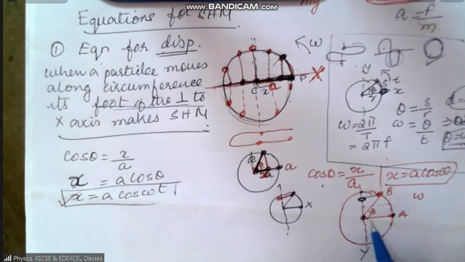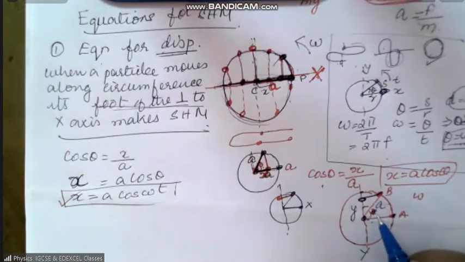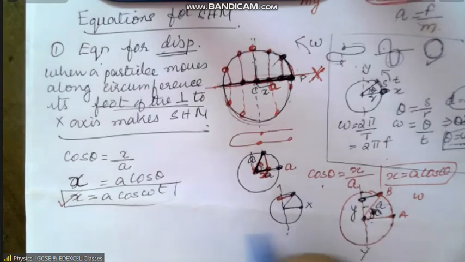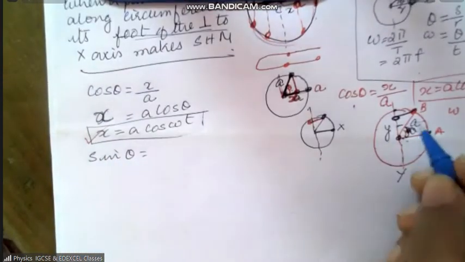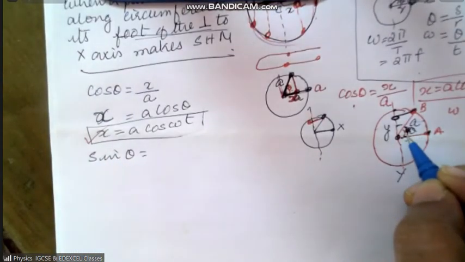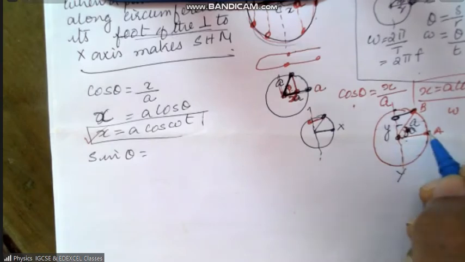So now here this is the displacement. Let's take it as y. This is a. This angle is theta. What is sine theta? This is the second equation. Sine theta is equal to, yeah, this is cos theta.